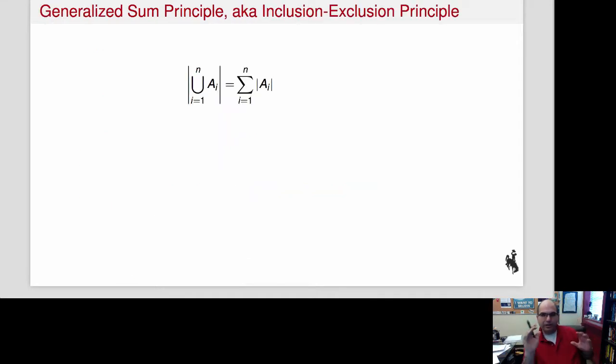This is called the inclusion-exclusion principle. We include some people, so it's an overestimate, and then we exclude some, and it becomes an underestimate, and so on until we get to the right answer. So here's the plan. I'm going to take the union over n sets, and I want to know how many elements are in that union. My first step, which is an overestimate, is to just add up the cardinalities of each set.